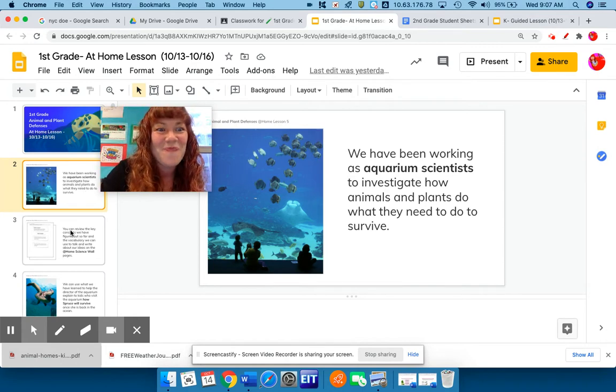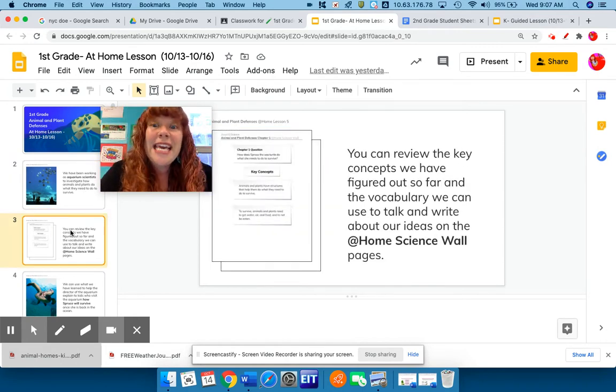Good job. We can review some of the key concepts that we figured out so far and the vocabulary by looking at our at-home science wall pages. And those key concepts are in our packets. So the things that we've learned so far: animals and plants have structures that help them do what they need to do to survive. Let's say that together.